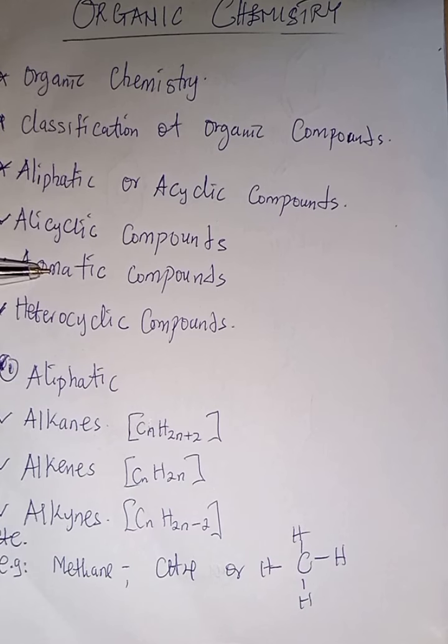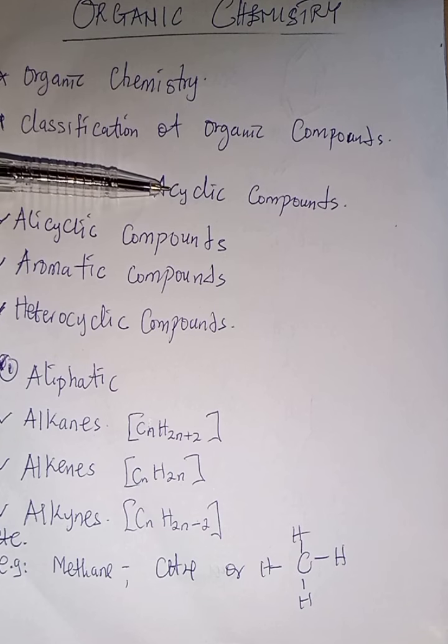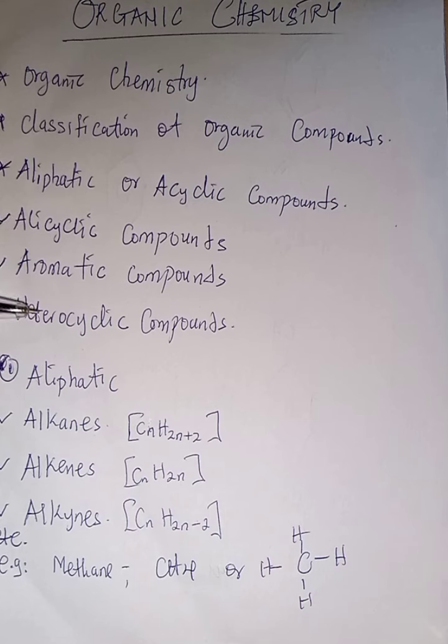Aromatic compounds don't have cyclic in the name, and they are still cyclic compounds because they still form a closed chain. So aliphatic compounds are acyclic because they are in the form of a straight or branch chain. Then alicyclic, aromatic, and heterocyclic are cyclic because they are in the form of a closed ring. Take note of that. It's very, very important. When we go deeper, you will see what we are actually trying to explain here.